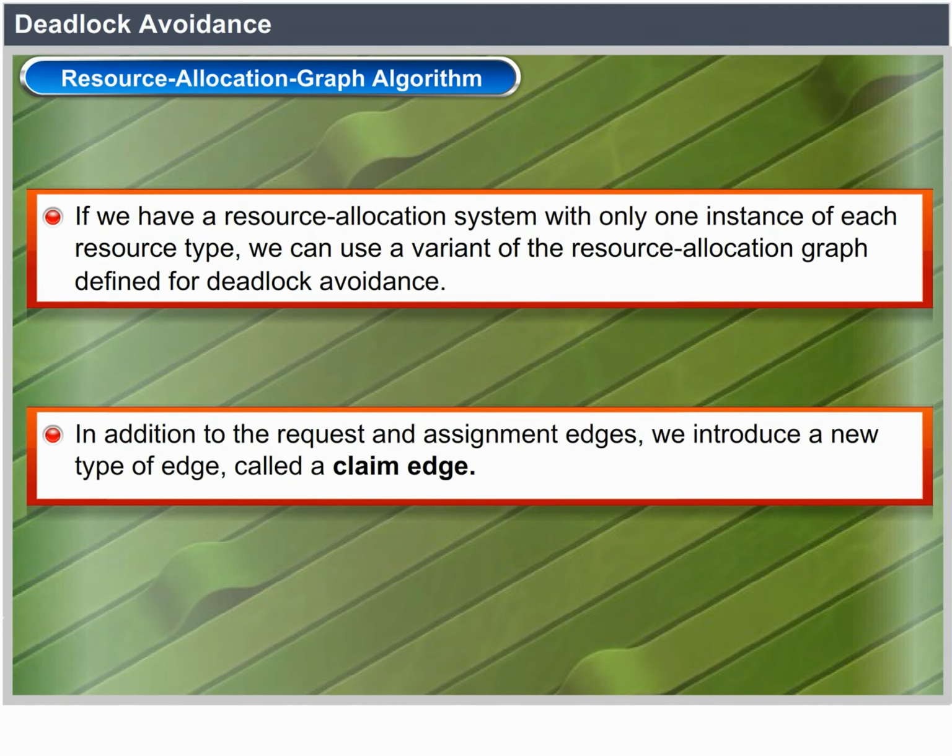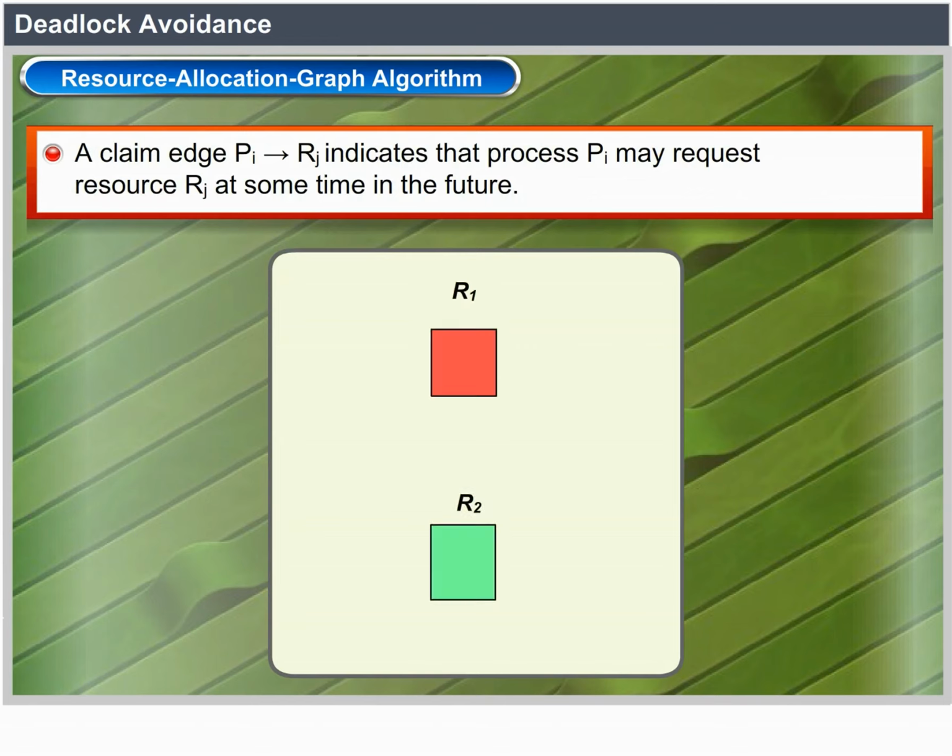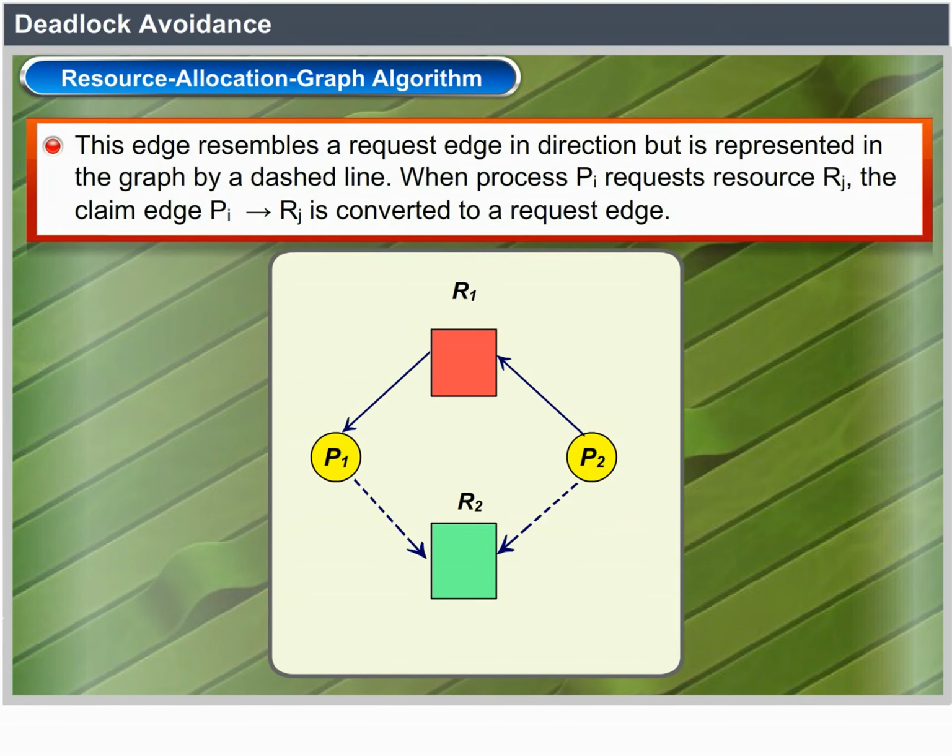A claim edge Pi to Rj indicates that process Pi may request resource Rj at some time in the future. The edge resembles a request edge in direction, but it is represented in the graph by a dashed line. When process Pi requests resource Rj, the claim edge Pi to Rj is converted to a request edge.